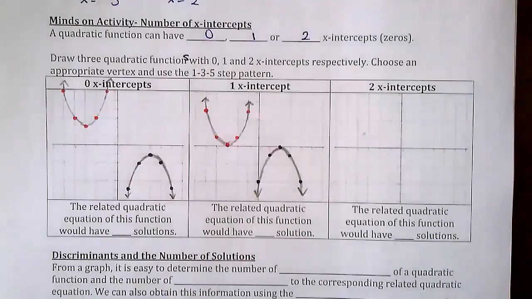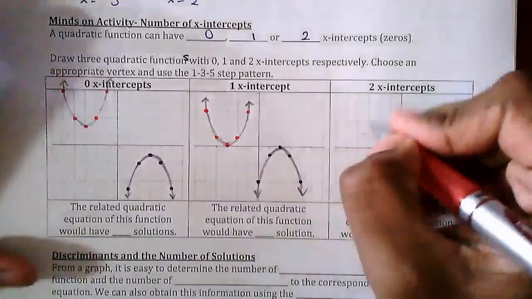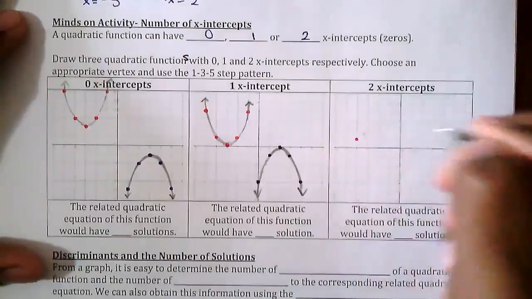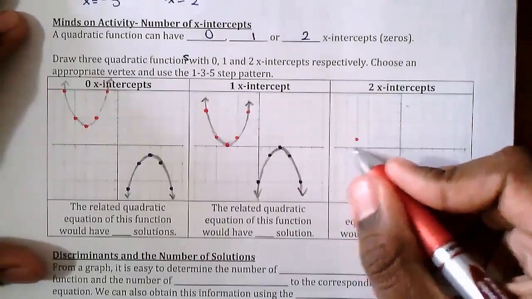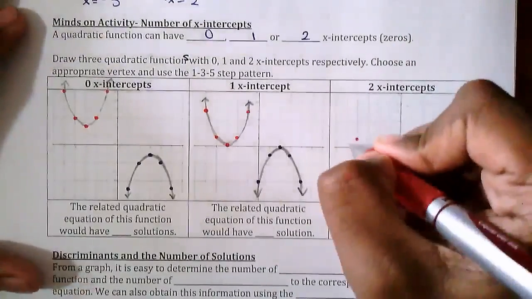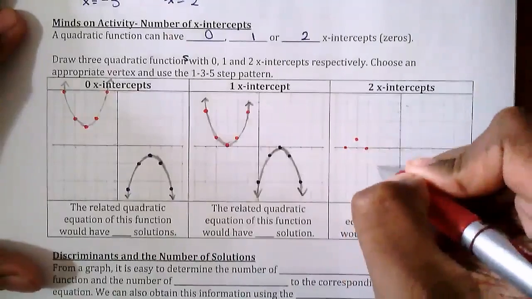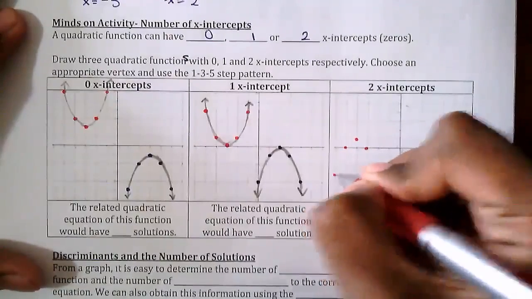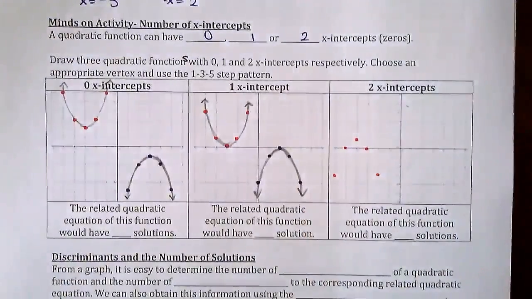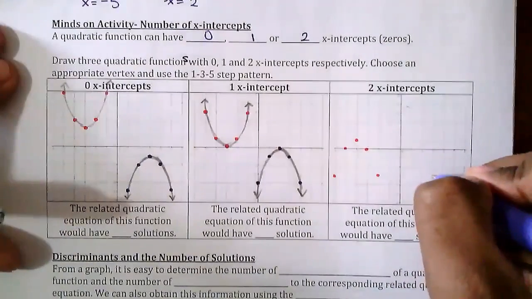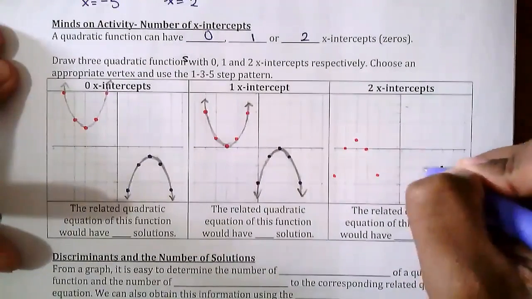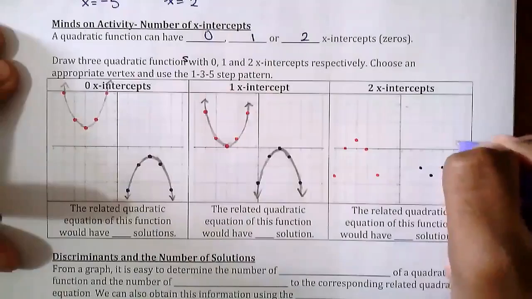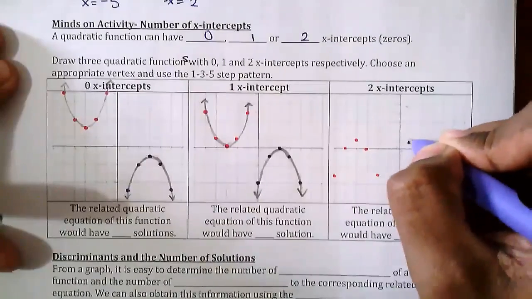Now let's draw 2 examples of parabolas with 2 x-intercepts. So I'm going to choose something up here. Again, I know if I go down, it will cross the x-axis. So I'm going to go down. And I'm going to do the same thing over here, where I'm going to start here, go up, and then go up again.